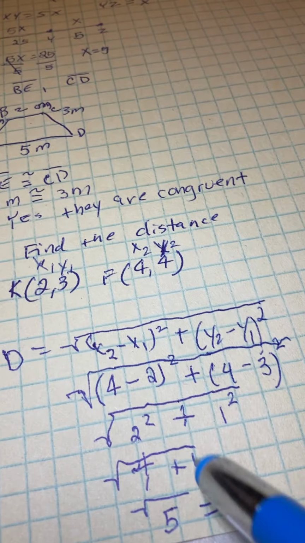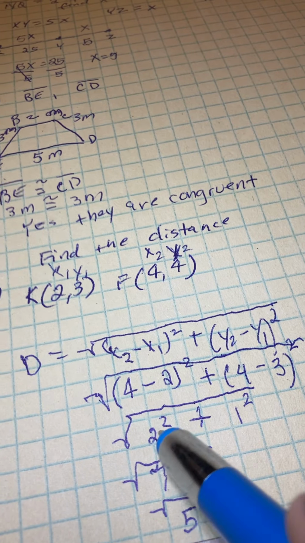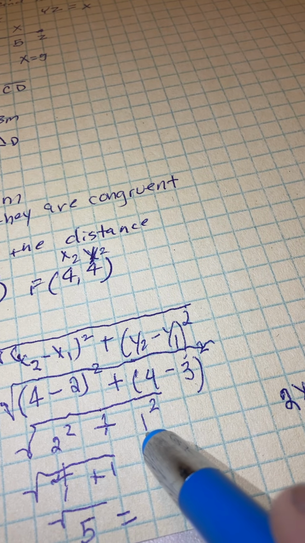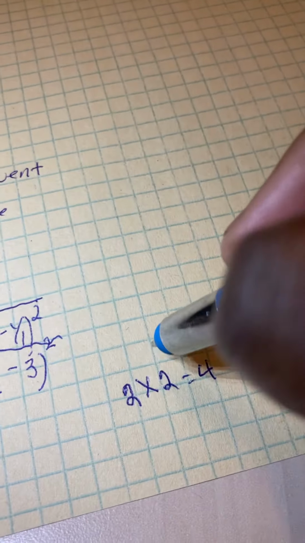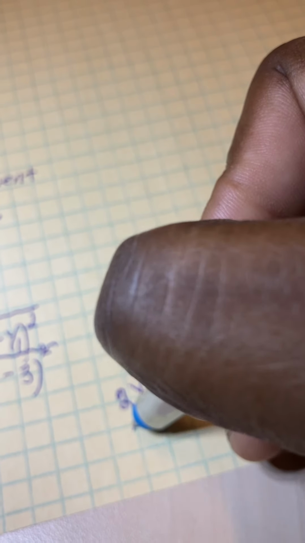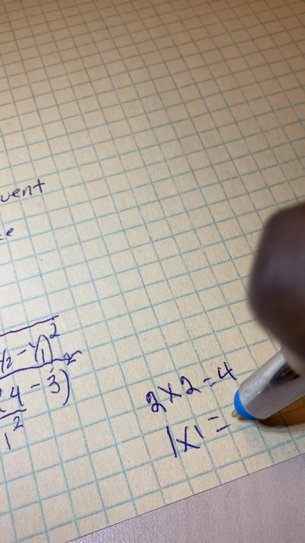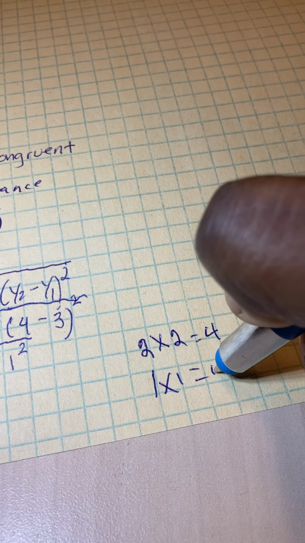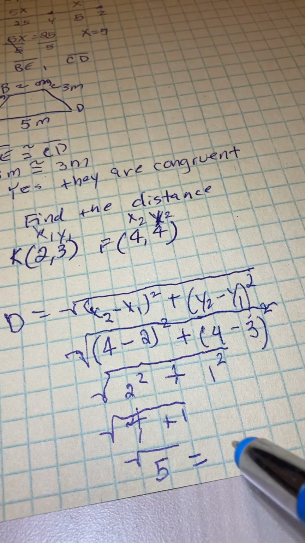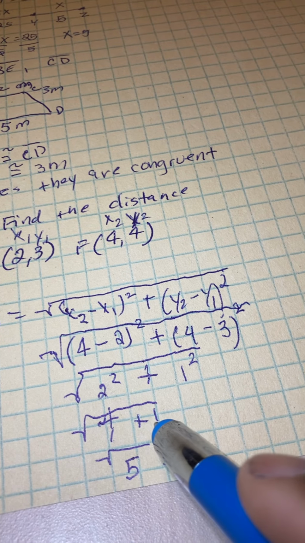Because see, this part right here tells you how many times to multiply that. You see that 1 squared? That's actually 1 times 1, which gave me 1. Okay? That's where I got the 4 from, and that's where I got the 1 from.